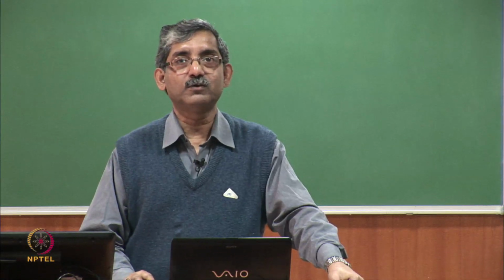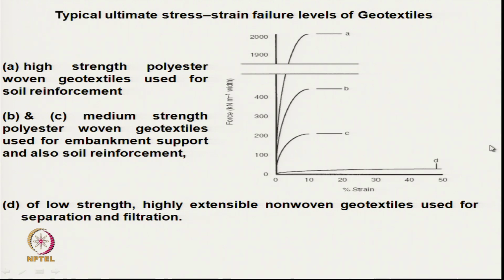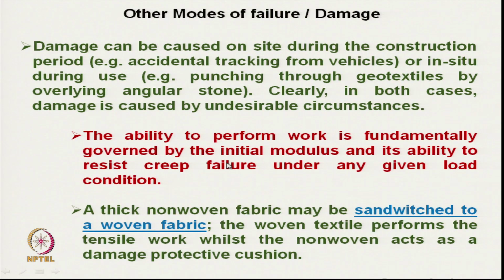We will not use non-woven geotextile for high strength or high modulus application. So, these are the different damages we have discussed which are predictable, but there are other modes of failure which we cannot predict.